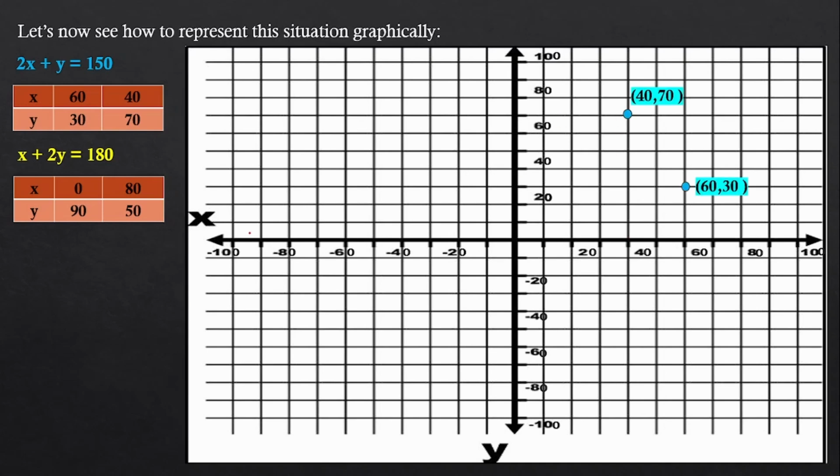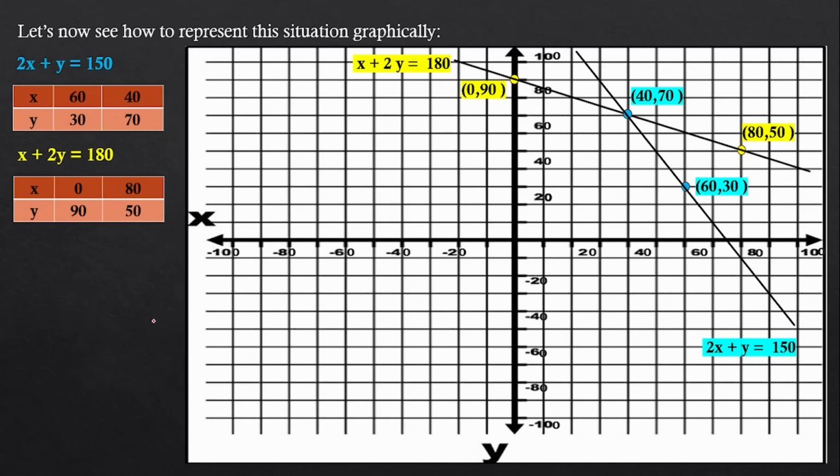If I join these 2 points, I will get the graph for the equation 2x plus y is equal to 150. Now let us plot the points for the second equation, 0 comma 90 and 80 comma 50. These are the 2 points which have been plotted. Again, if I join them both, we will get a straight line graph for the equation x plus 2y is equal to 180.